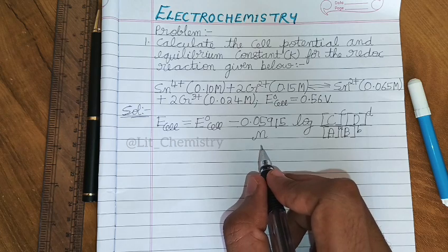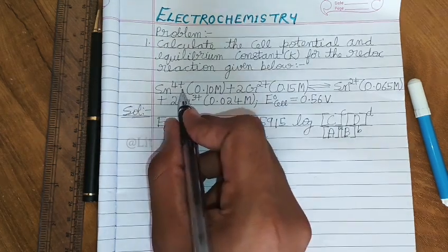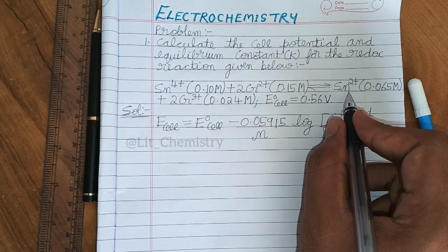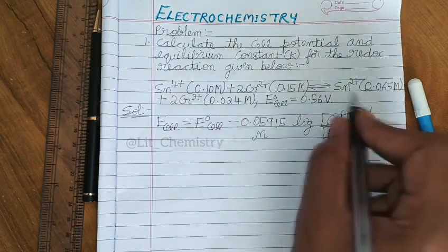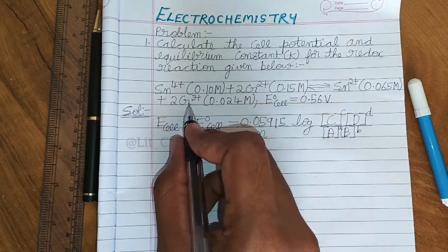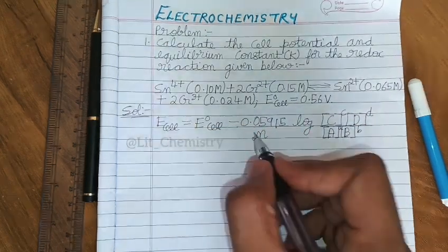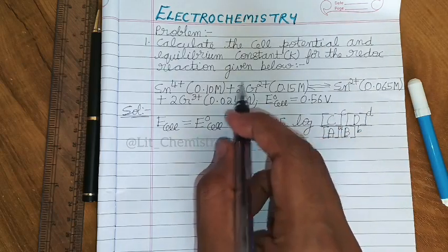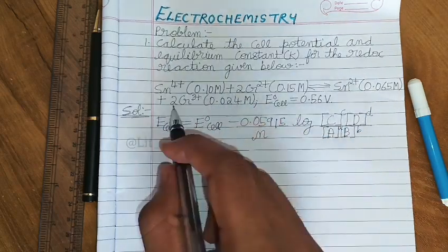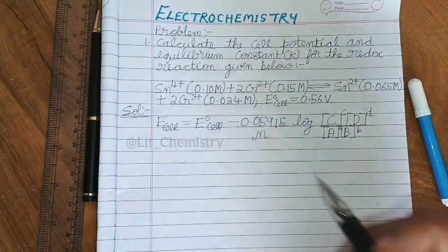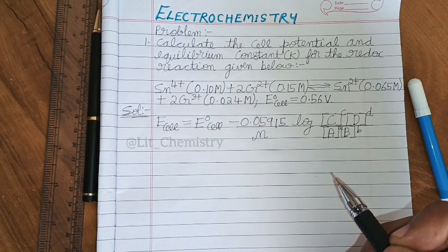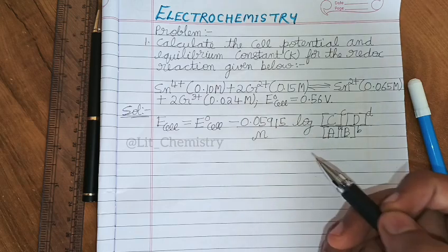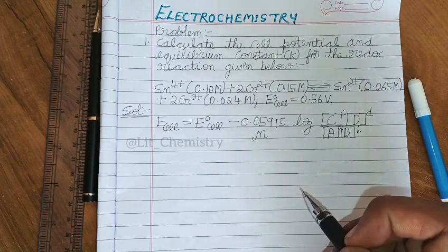For example, here we have Sn4 plus becoming Sn2 plus with 2 electrons, or Cr2 plus becoming Cr3 plus with 1 electron. But after balancing, we have 2 electrons overall, so n becomes 2. So we divide by n because potential depends on electron transfer.